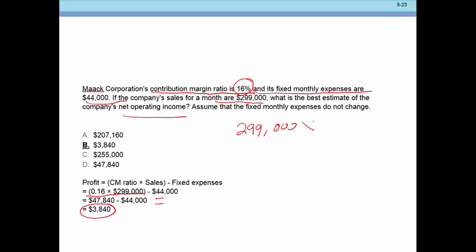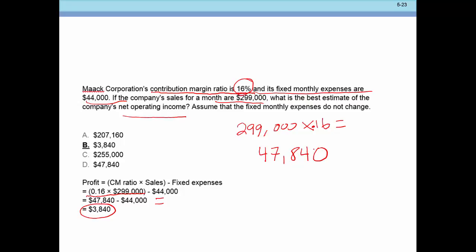And I know from this that 16% of each sales dollar is going to go towards my fixed cost first and then any profit, right? So if I take this 0.16 and multiply it times my 299,000, I get 47,840. I'm kind of rewriting the solution here, but just so you see it in slow motion. 47,840 is the amount of the contribution margin, isn't it?